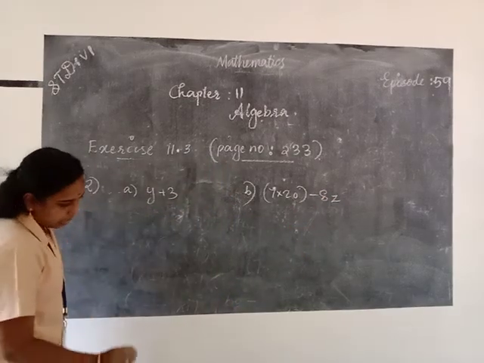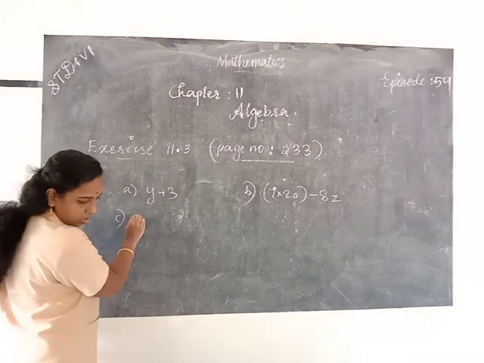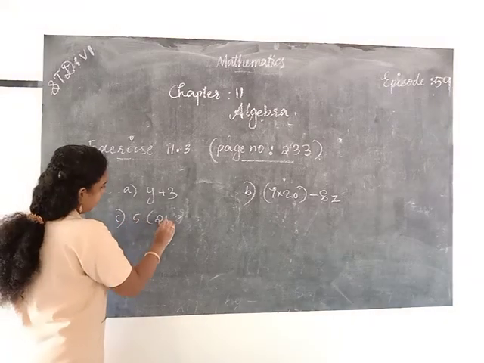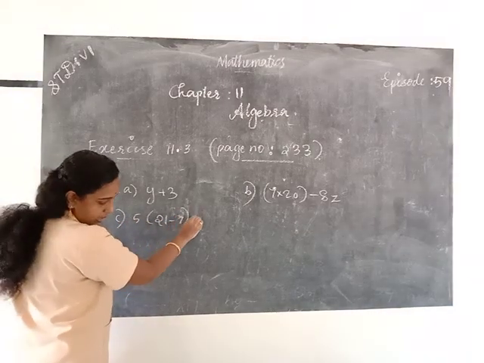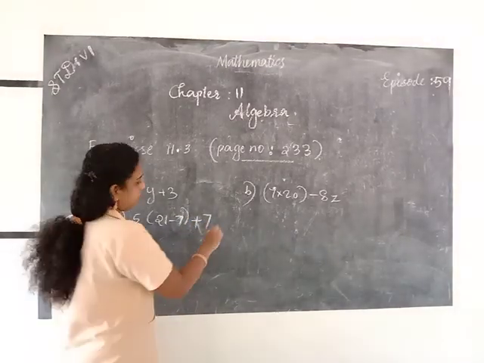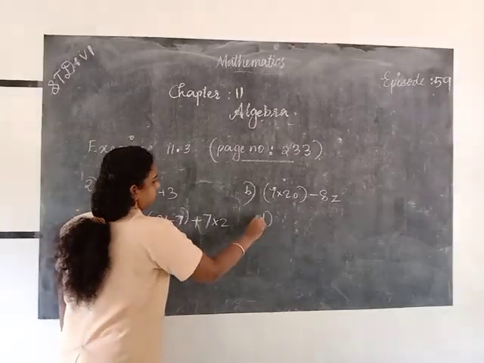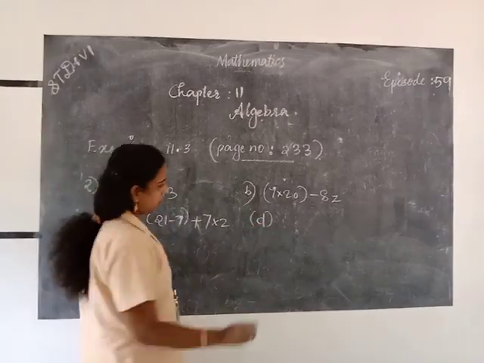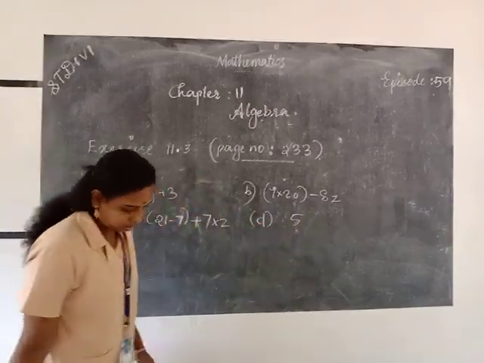Then c: 5 into 21 minus 7 plus 7 into 20. d: 5.